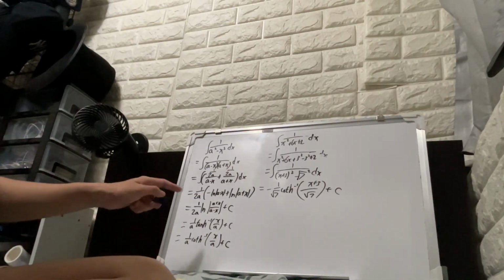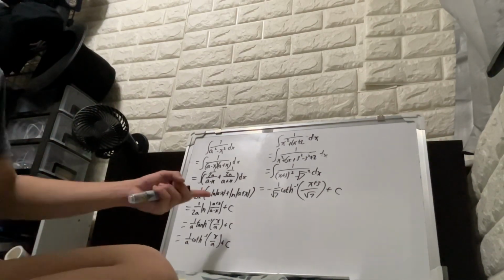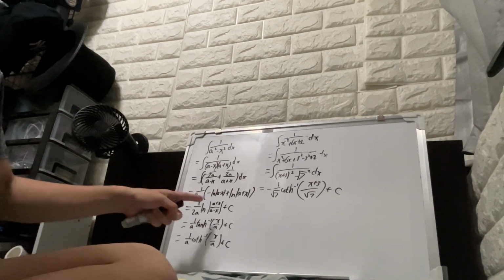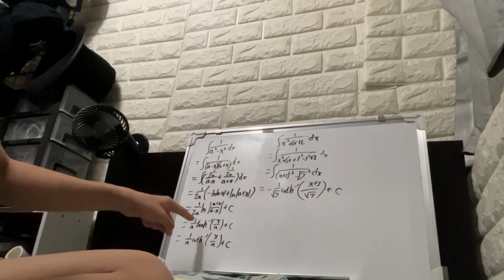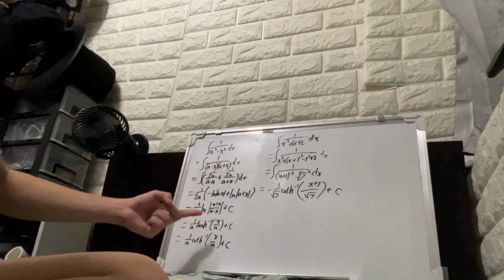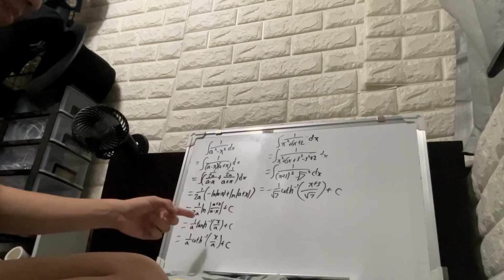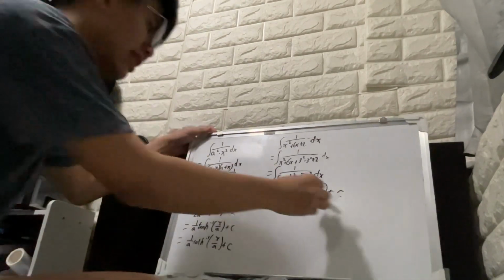I think L1 is the best, but I kind of don't like this too much, so I recommend using this because I like to use 1 over a times the inverse tangent more, because we know that we have another formula, right?